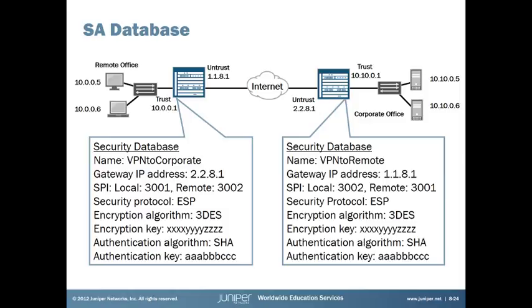It'll have a security protocol. It'll have an encryption algorithm that is agreed upon. In this case, it's 3DES, but it could have been AES just as easily. We've got an encryption key, and we've got our hashing algorithm, SHA in this case, and we've got an authentication key.